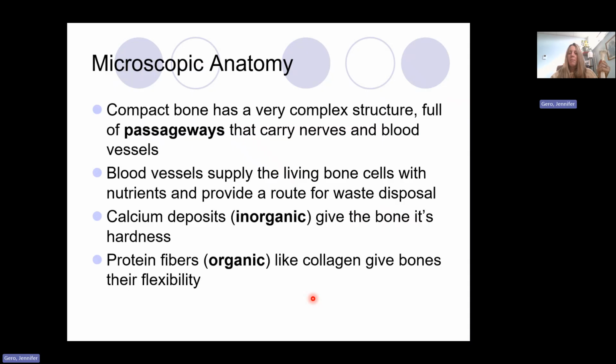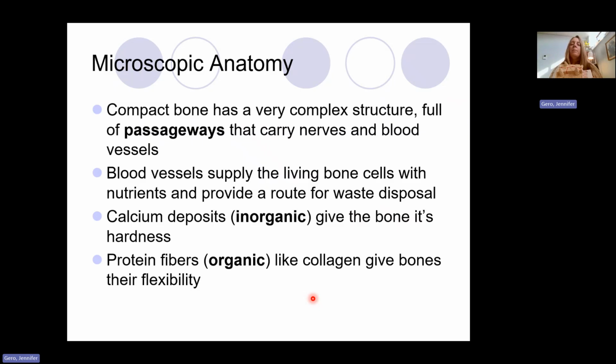We are now going to talk about the microscopic anatomy of bones, specifically of compact bone. And so compact bone is arranged. Oh, let me get my little thing so you can see it. So again, cross section of a bone here.